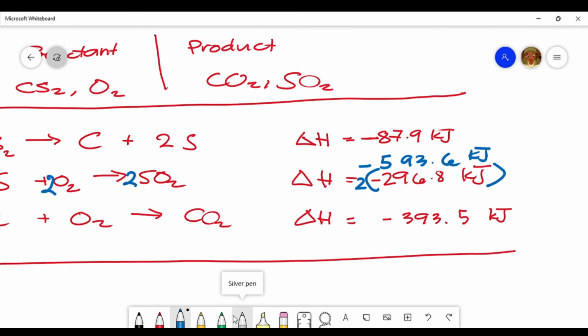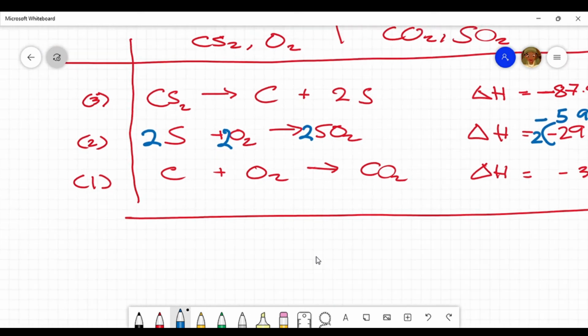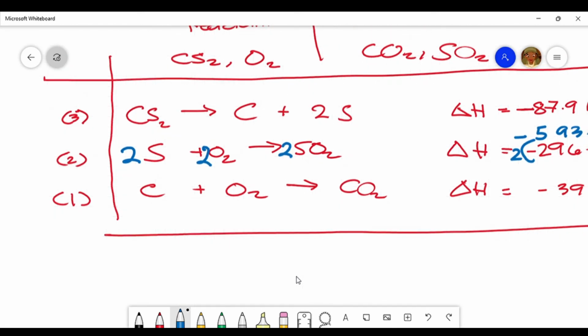So this is our new value for the second equation. Then we add the formulas here. So now we have CS2 and now we have 3O2.